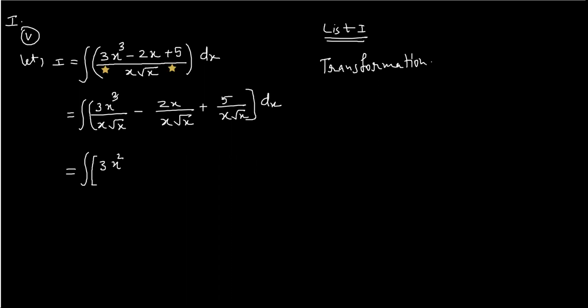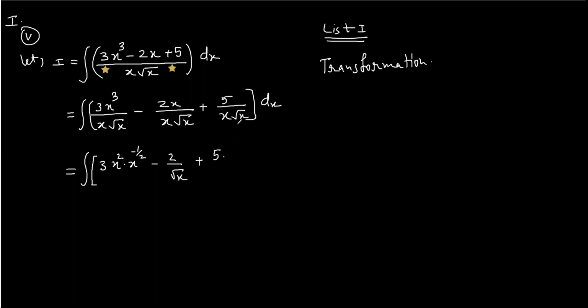1x will cancel, so x square upon root x. Now you know this root x in the denominator will be x raised to negative half in the numerator. Then here this x and x cancels, so you have minus 2 upon root x, and here I have plus 5, and this is x root x.